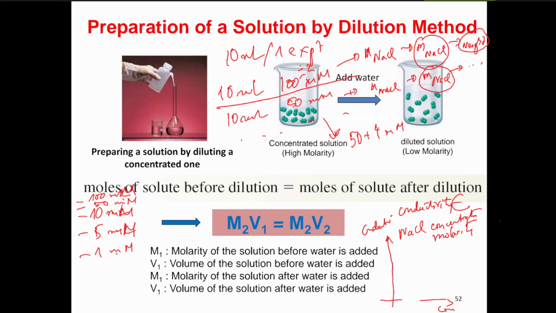So by doing so, instead of having a linear evolution like this, you will have this kind of experimental data. And then when you make the fitting like this, the relationship between the conductivity and the molarity of the solution, you will have a straight evolution.